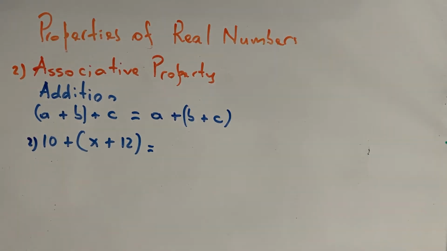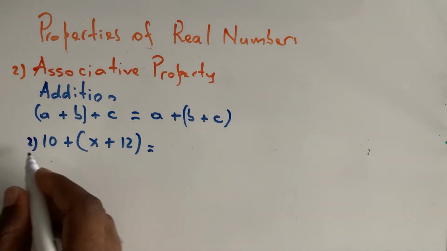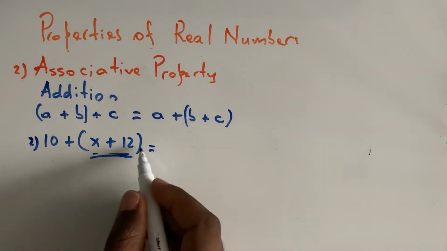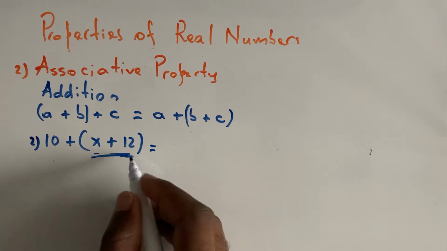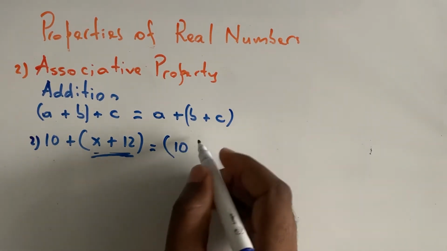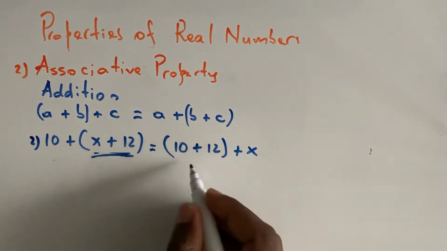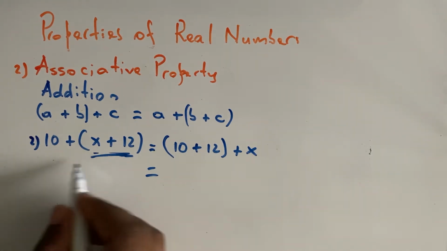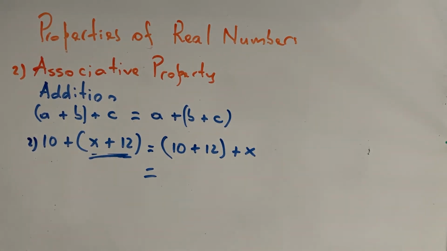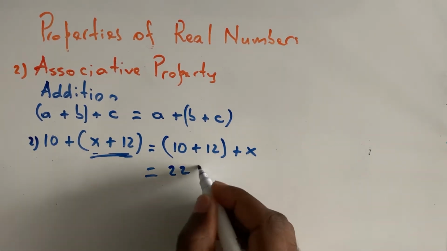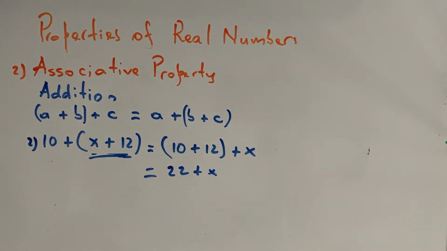Since you know the associative property, and since you cannot add x and 12 because they're not like terms, you will know that this is the same as choosing to associate 10 with 12 instead, and putting the plus x after. This should give you the same result. Why can you do this? Well, because of the associative property of addition. In this case, you have 22 plus x, and this is the result here. You can do this because you're using the associative property of addition.